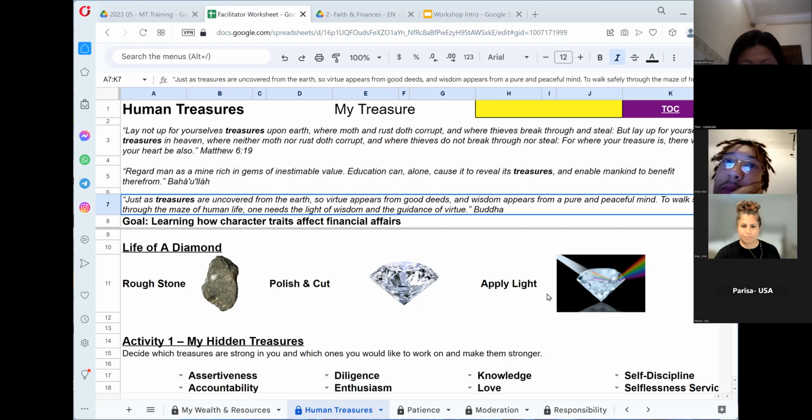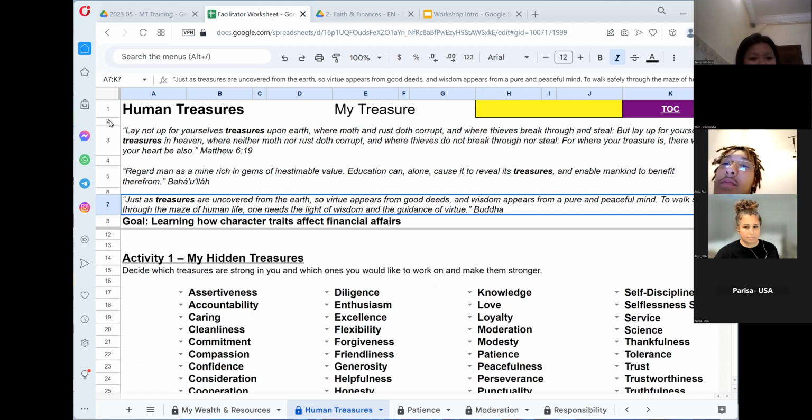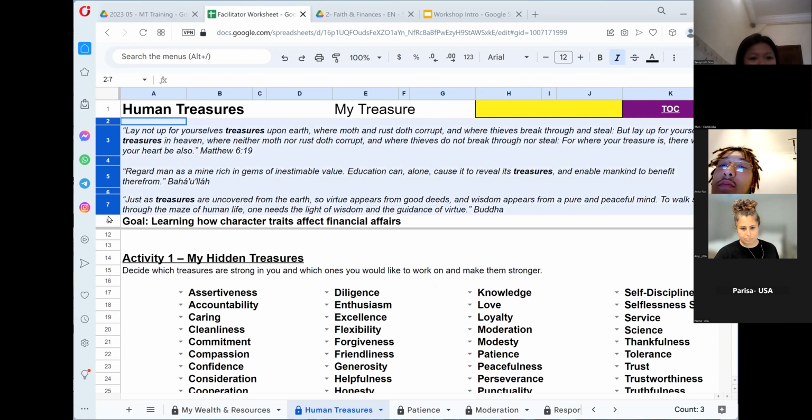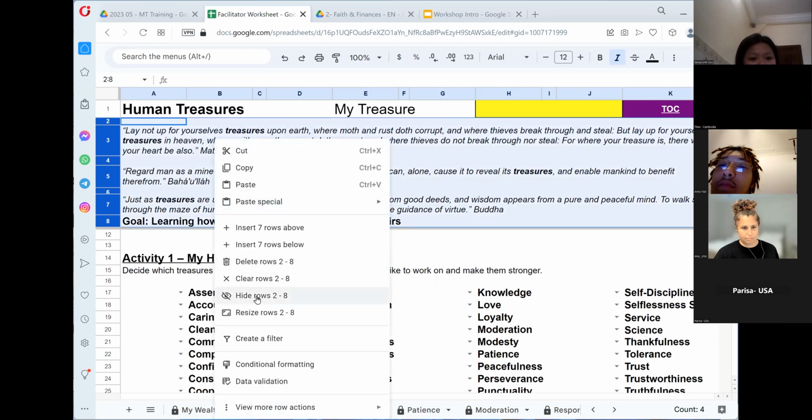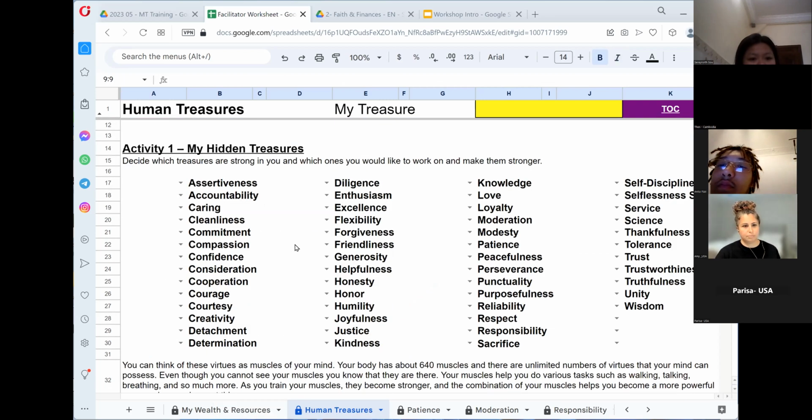There's a light that we need to help us manifest our treasures. What is that light? Everybody's thinking. Okay, Daniel got it. It's God.